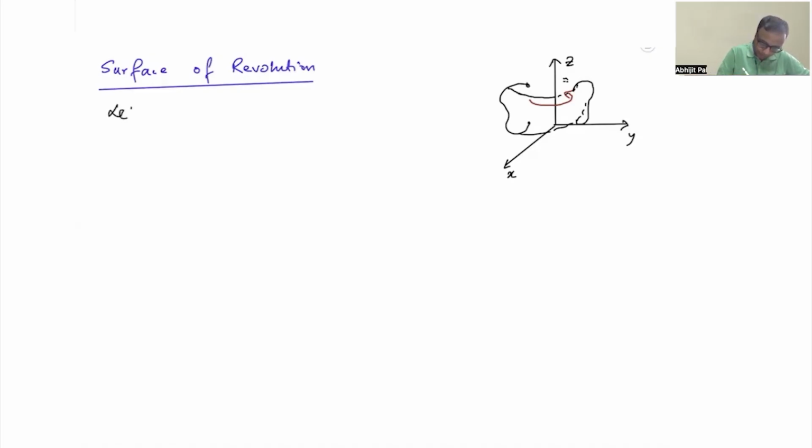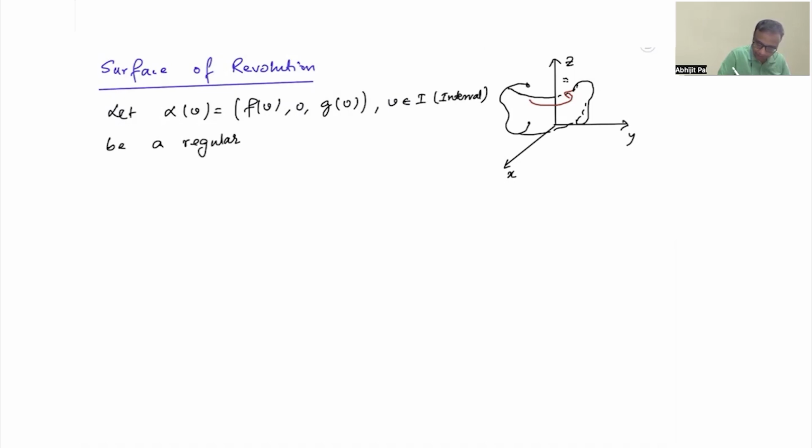So let alpha of v be equal to f(v), 0, g(v), where v belongs to some interval I, be a regular curve in the xz plane.